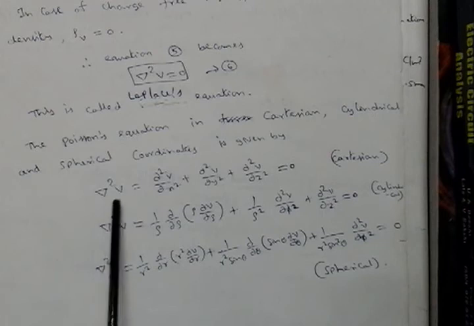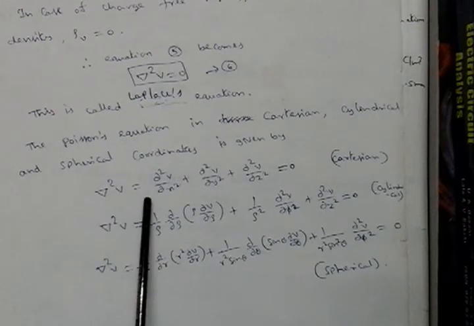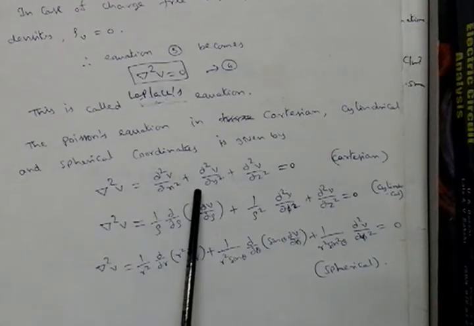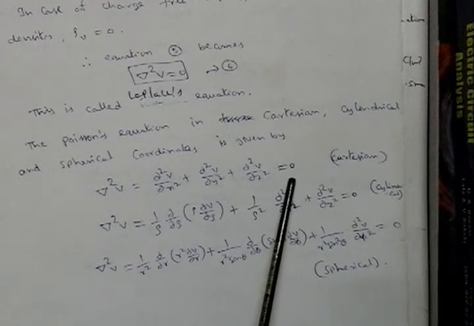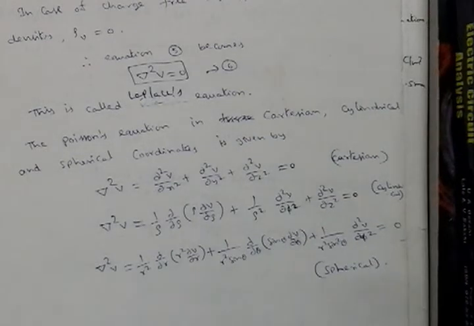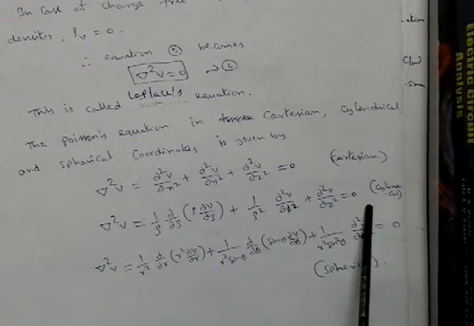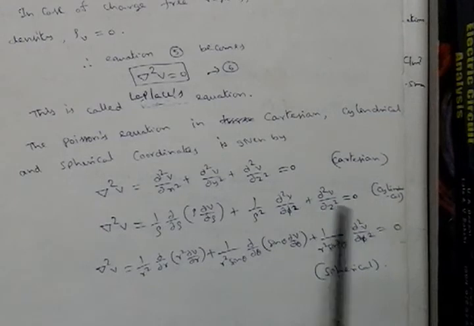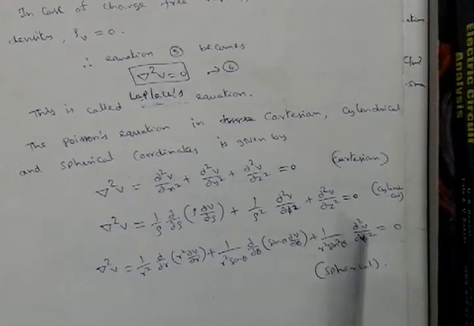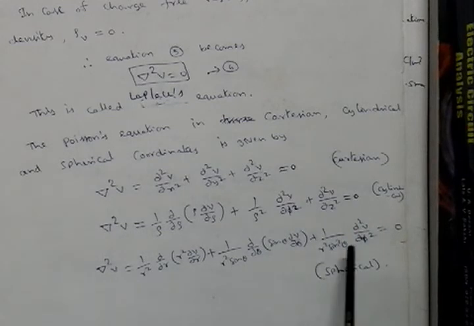In Cartesian coordinate system, del square V is equal to dou square V by dou x square plus dou square V by dou y square plus dou square V by dou z square must be equal to what? 0. Similarly for the other two coordinate systems, cylindrical and spherical. At the end it must be equal to 0, then only that is called a Laplace equation. At the end if it is equal to minus rho by epsilon, then that is called a Poisson's equation.